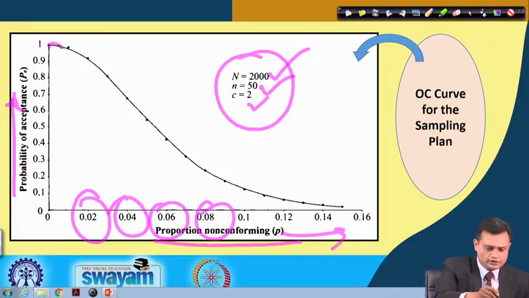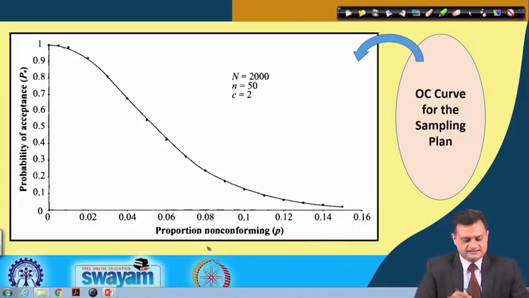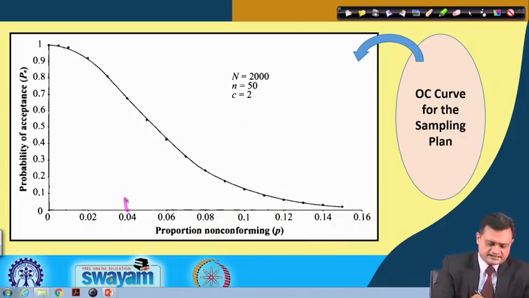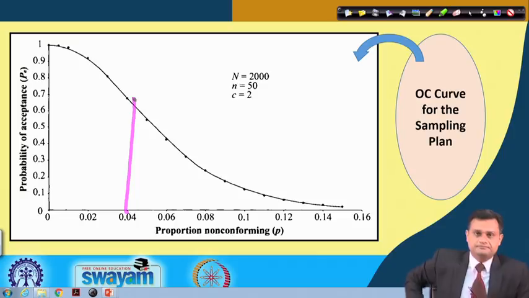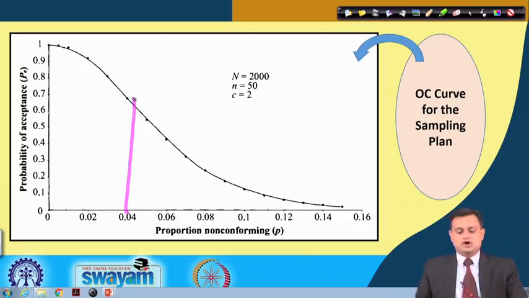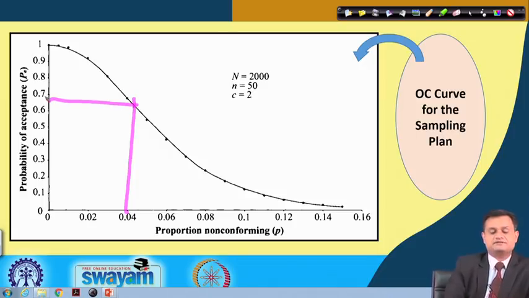So now what do you see here? You see a curve, and this curve has a discriminatory power. When you have 0.04, which means 4% defective in your lot, proportion non-conforming or proportion defective, then what is the probability of acceptance?